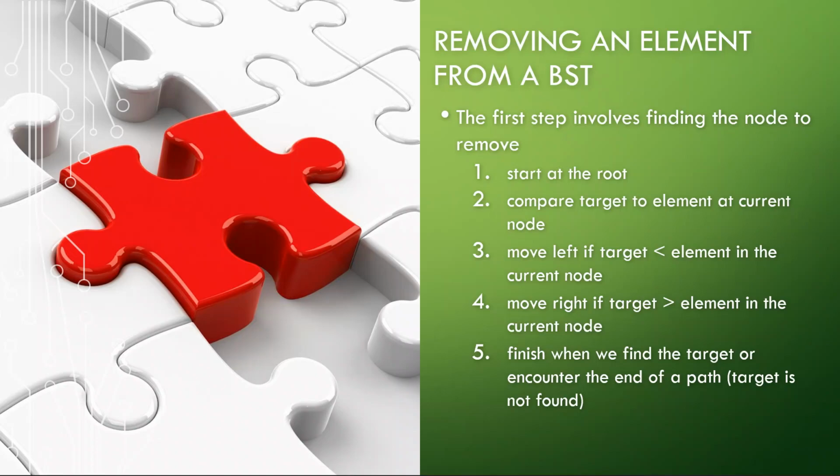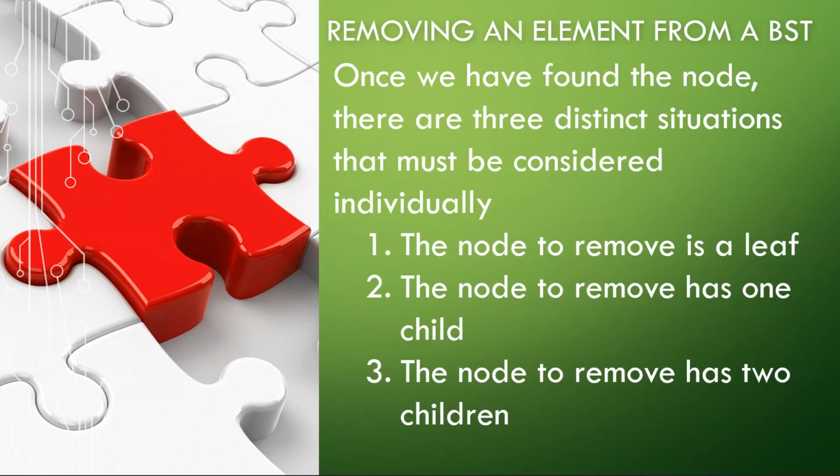If you do, you find the node where there is a match and you stop there, and that's the node you want to remove. So starting at the root, comparing the data elements, moving to the left when it's smaller, moving to the right when it's bigger, stopping if you have to move to the left and there's nothing there, or if there is a match, then you just stop completely and you found the node that you now need to remove.